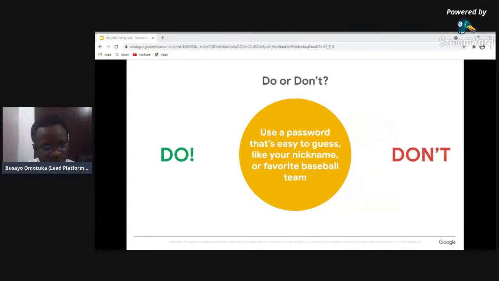Use a password that is easy to guess, like your nickname, your favorite baseball team, right? So this is don't. Basically, don't use anything that people can associate with you, that people know about you. It's not advisable to use those words, right?